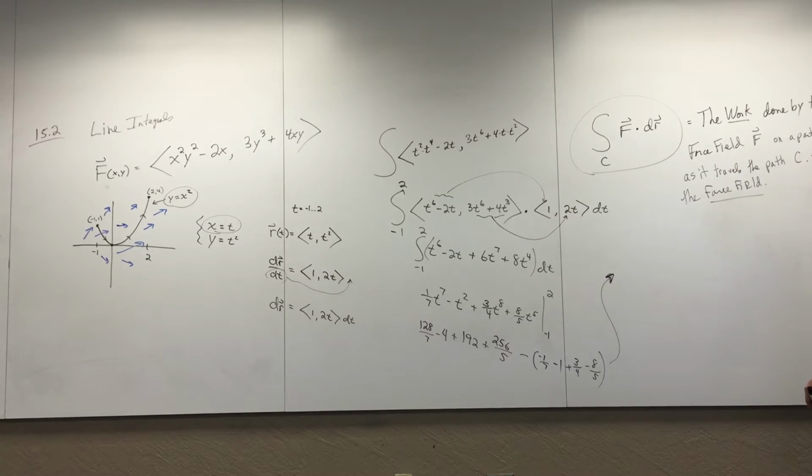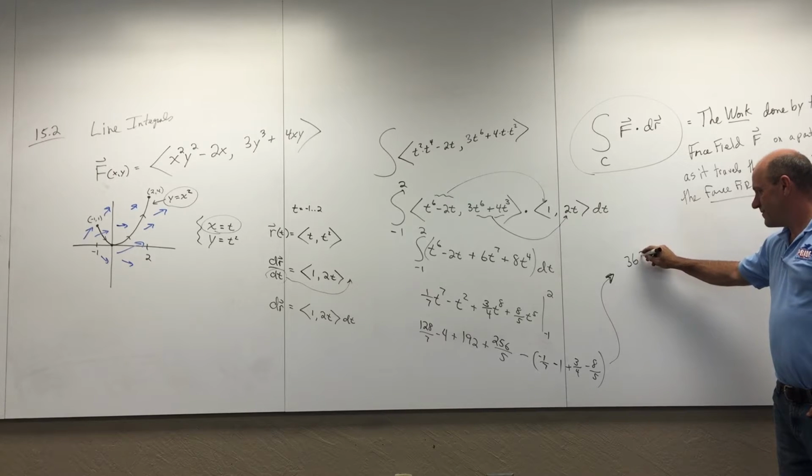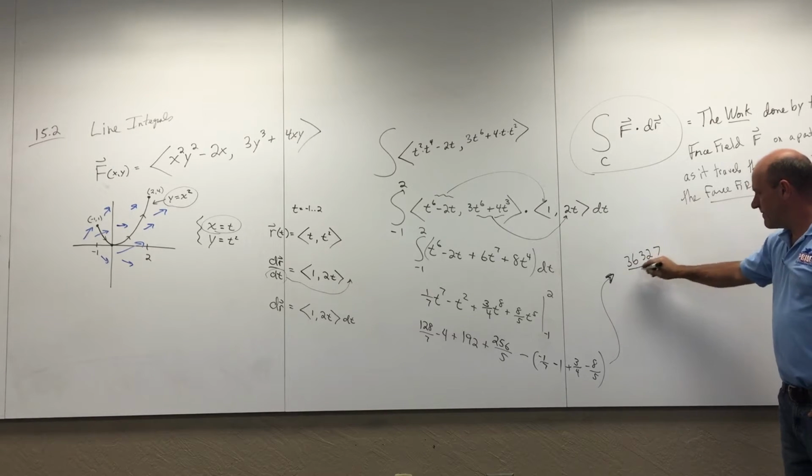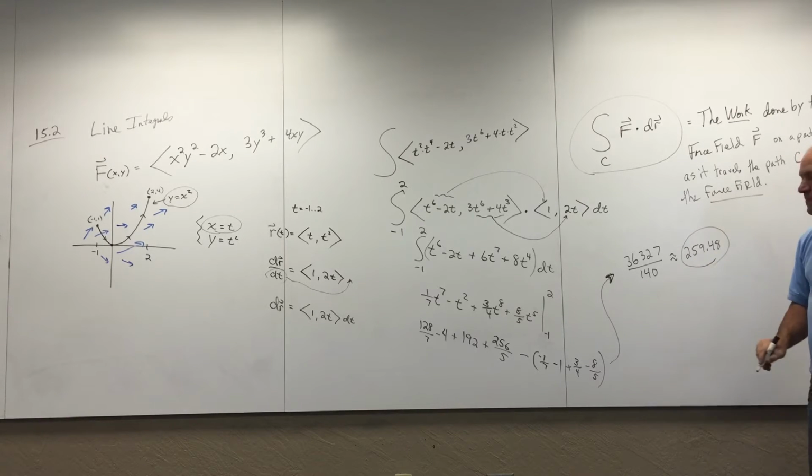I got 36327 over 140. Now just make that a decimal for me. 259.48. Okay, it's all positive though, huh? Does that seem right? Yeah, that's what you got? Okay. Thank you.